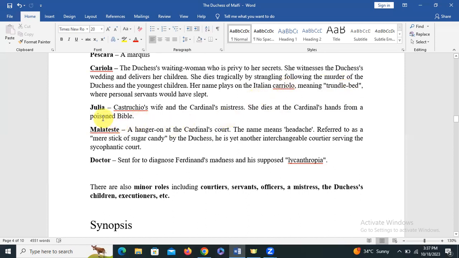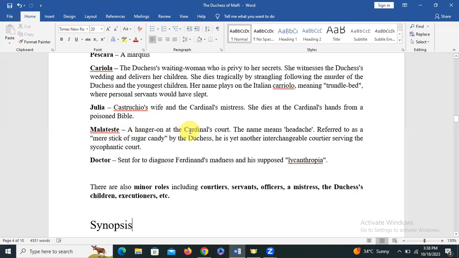Okay, then there's Julia. Julia is Castruccio's wife and the cardinal's mistress. She dies at the cardinal's hands from a poisoned Bible. Last time I told you a book. She was given a book by the cardinal, which she kissed, and she died there.